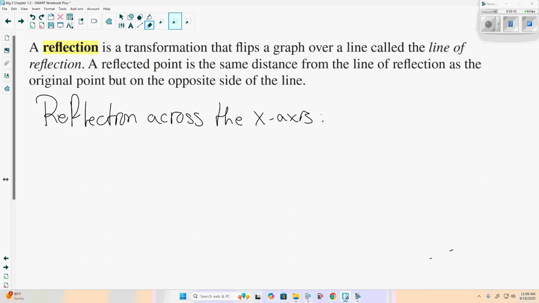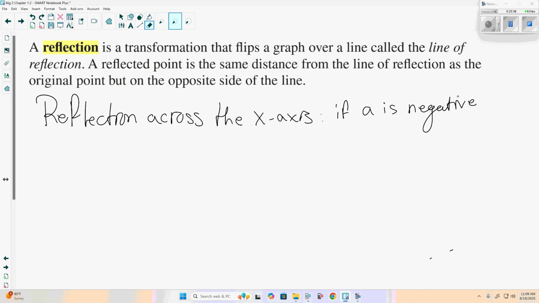And the way that we know we have one is if a is negative. If the value in place of a, outside those parentheses, outside those absolute value bars, is negative, it's a reflection across the x-axis. We're not talking about the number itself. We're talking about its sign.